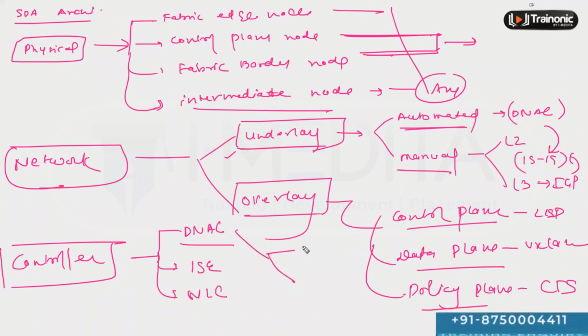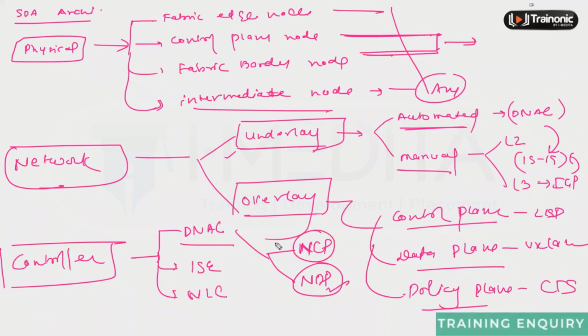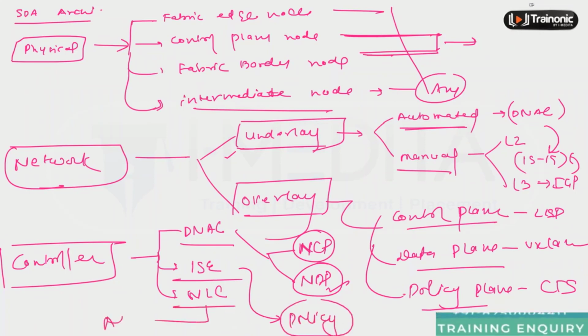We have the data platform and control platform, DP and CP, responsible for assurance, responsible for NCP, responsible for pushing all the configuration and rest of the things to the network. ISE acts as the policy plane. From here, we can apply a variety of security-related policies, and a WLC is going to manage all the access points of the network.